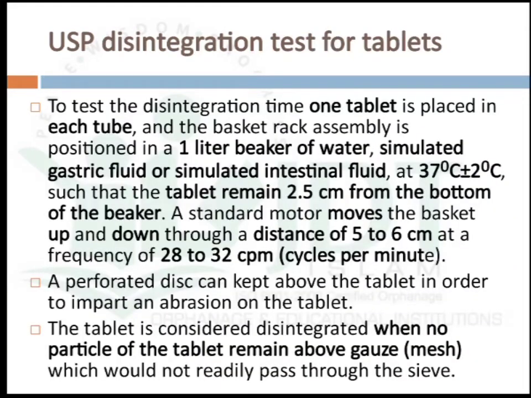To test the disintegration time, a tablet is placed in each tube, and the basket rack assembly is positioned in a 1 liter beaker of water or simulated gastric fluid or simulated intestinal fluid at 37 plus or minus 2 degrees Celsius, such that the tablet remains 2.5 centimeter from the bottom of the beaker, and a standard motor moves the basket up and down through a distance of 5 to 6 centimeter at a frequency of 28 to 32 cycles per minute. A perforated disc can be kept in order to impart abrasion on the tablet.